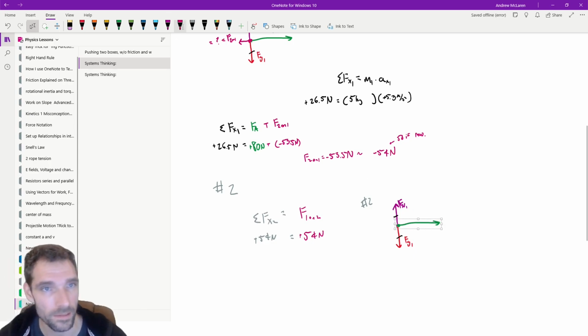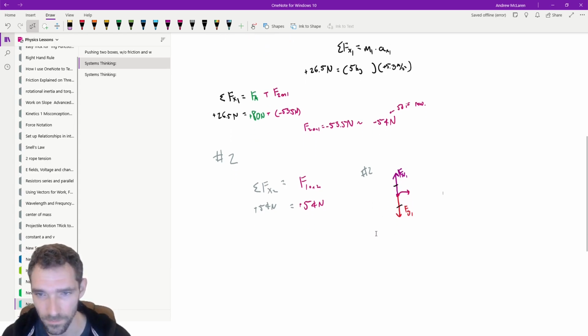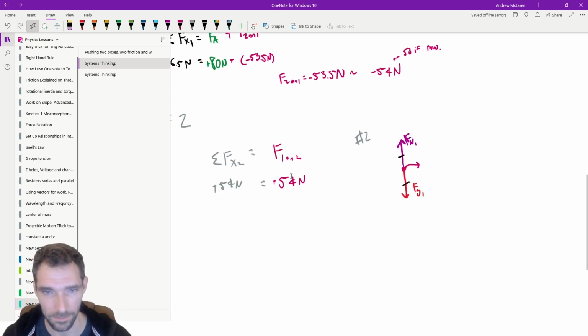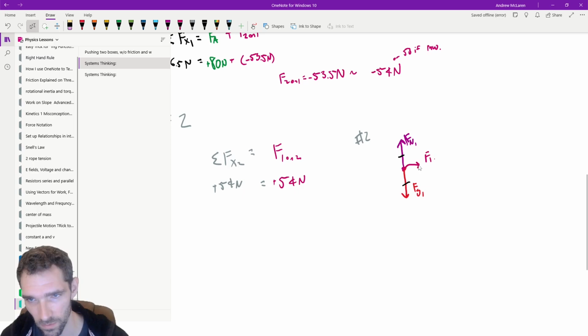This is just how much the other box is pushing it forward. And this was like around 100, so I'm gonna make the force applied be a little bit smaller for that diagram. So we've only got the force of box 1 on 2, which is now a positive 54 newtons.